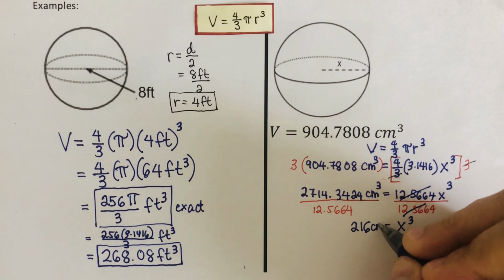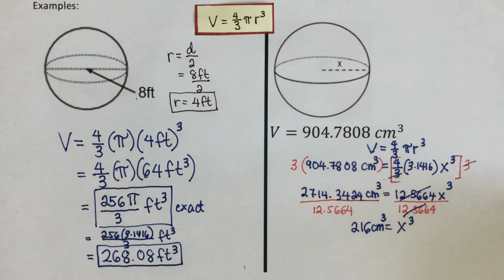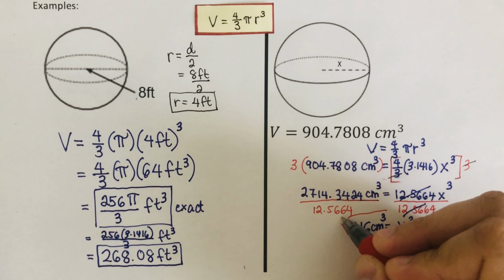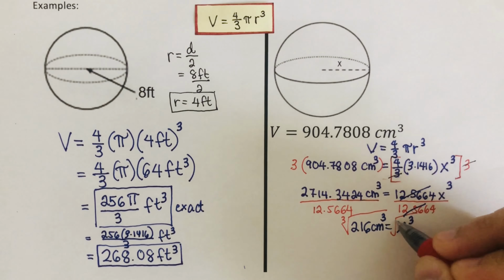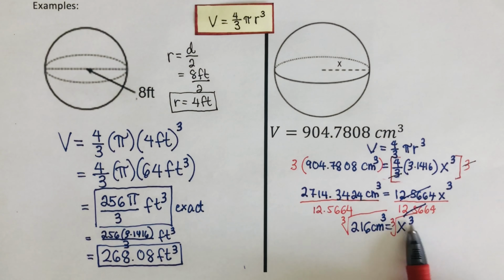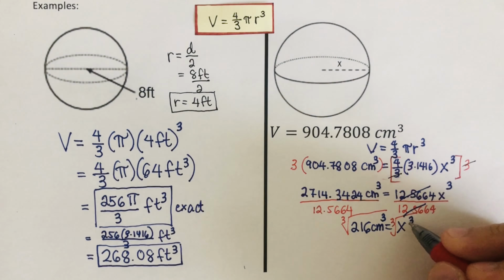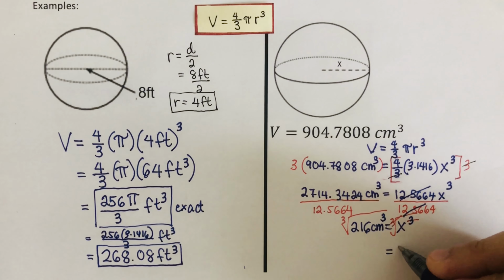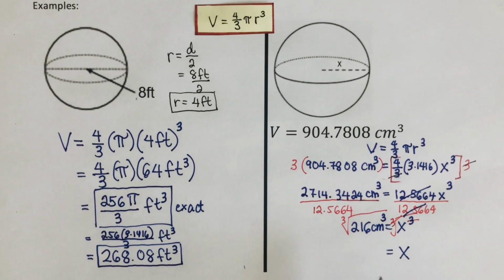Now we want x by itself, so we cube root both sides. The cube root and the cubed cross out, so we're left with x. Cube root means we're looking for a number that, when we multiply it 3 times, gives 216.